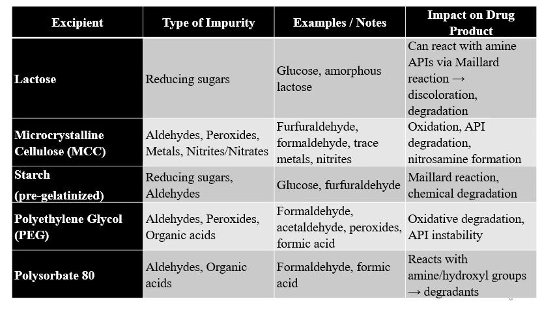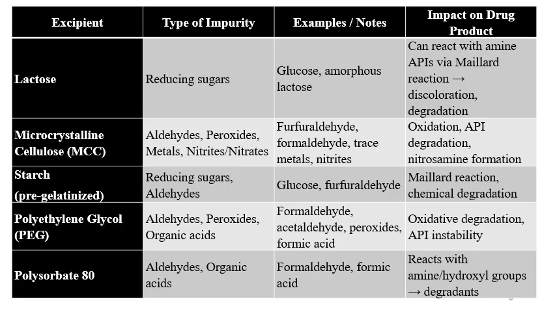PEG: aldehydes, peroxides, organic acids, formaldehyde, acetaldehyde, formic acid; impact is oxidative degradation and API instability. Polysorbate 80, commonly known as a solubilizer and wetting agent, is used as a dissolution or solubility improving agent.